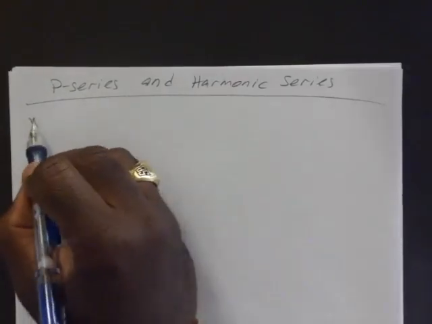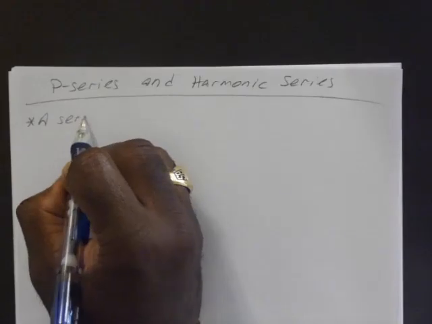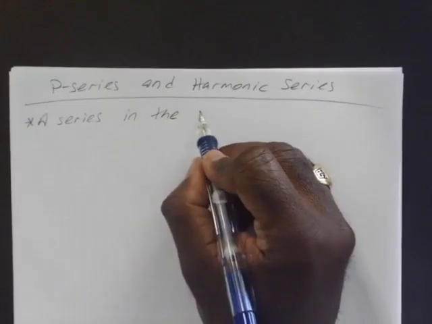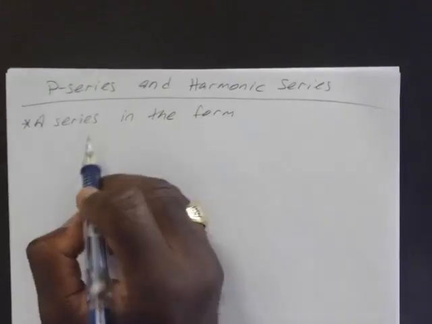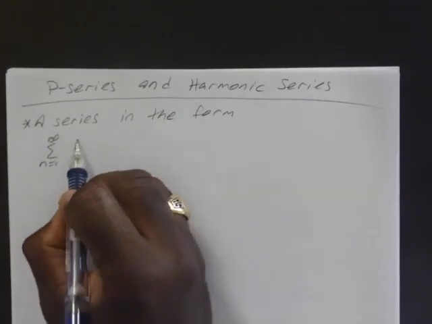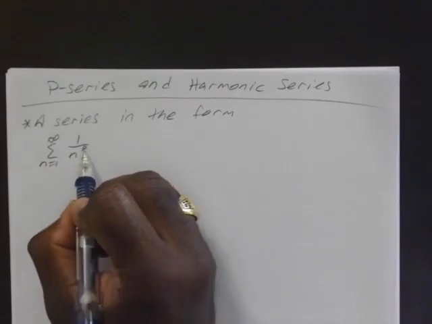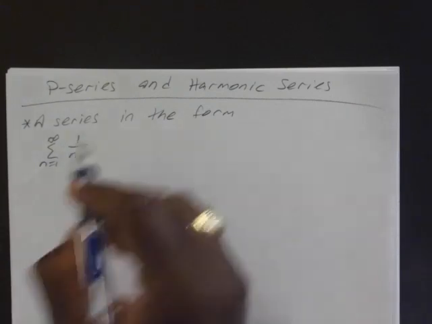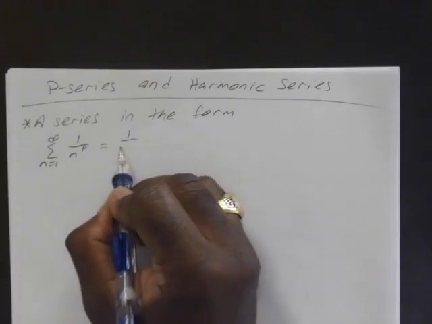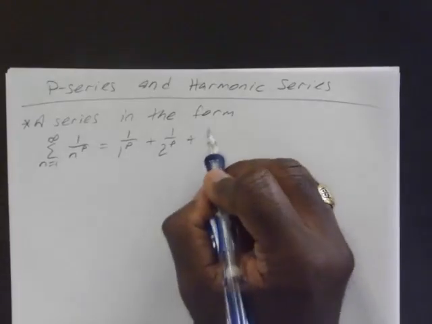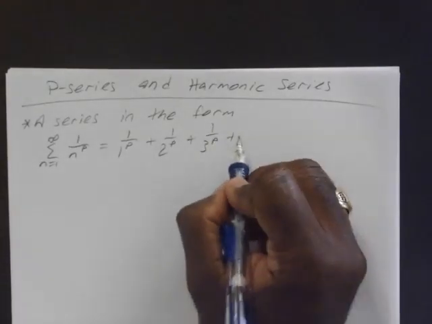Okay, so let's say we have a series, and that series is in a very specific form: the sum from n equals 1 to infinity of 1 over n to the power of, let's say, p. If we plug in n equals 1, that's 1 over 1 to the power of p plus 1 over 2 to the power of p plus 1 over 3 to the power of p.